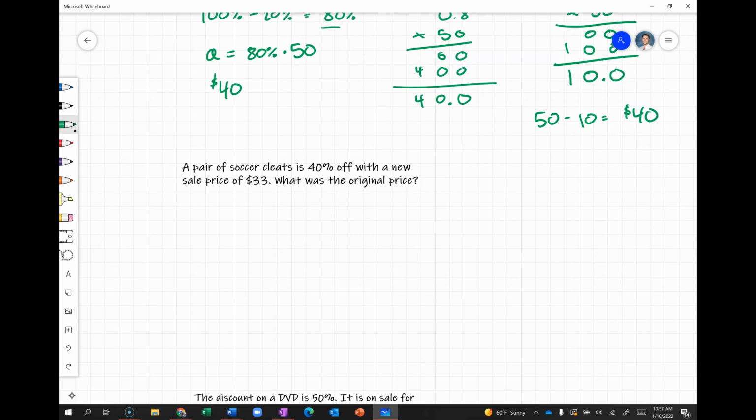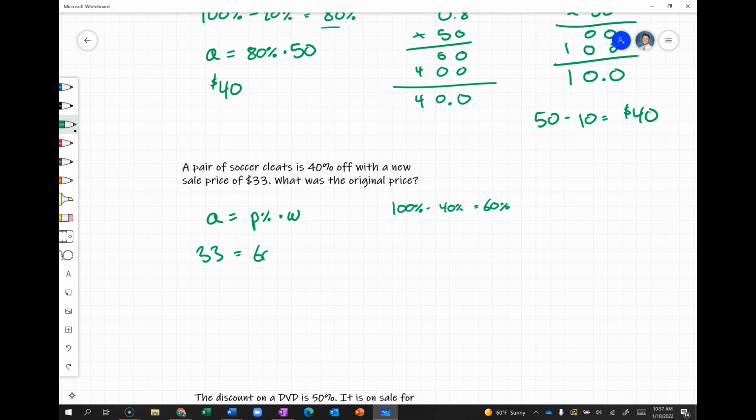If we know it's 40% off, that means we're paying 60% of the original price. So again, with our equation, A equals P percent times W, this time we know A is $33, and that's going to be 60%, because 100% minus 40% is 60%.